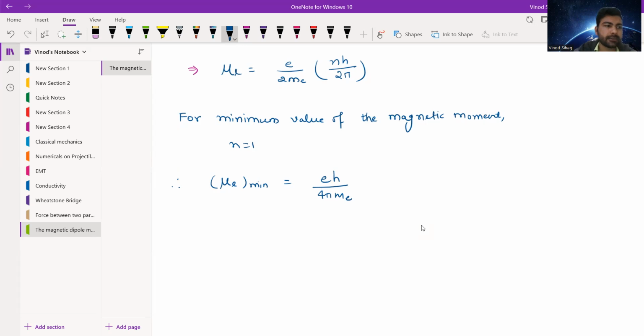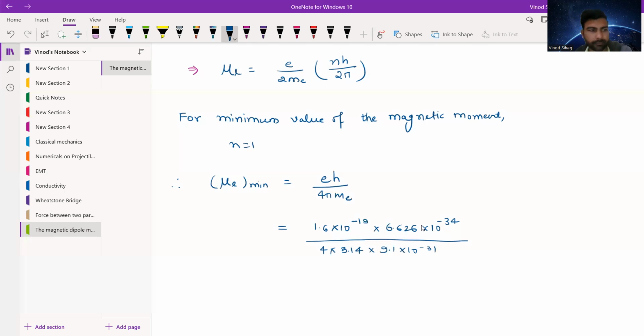Okay, and its value, if we calculate, will be 1.6 into 10 to the power minus 19 into 6.626 into 10 to the power minus 34 divided by 4 into the value of pi, 3.14, and me, which is 9.1 into 10 to the power minus 31.